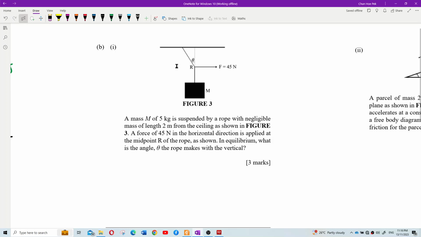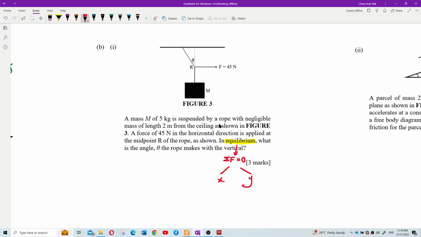In equilibrium, what is the angle theta? So this is about equilibrium, class. What can you say about equilibrium? Equilibrium means the total force equals 0. That means the x component and y component are all equal to 0.